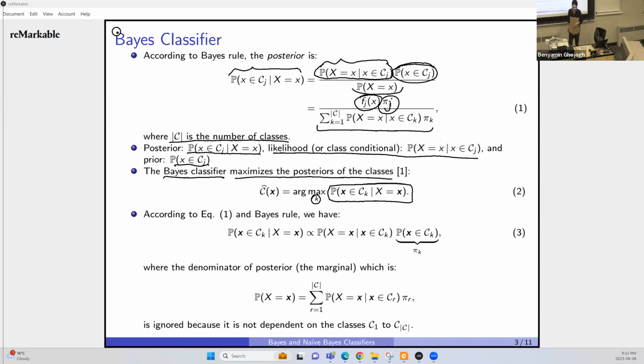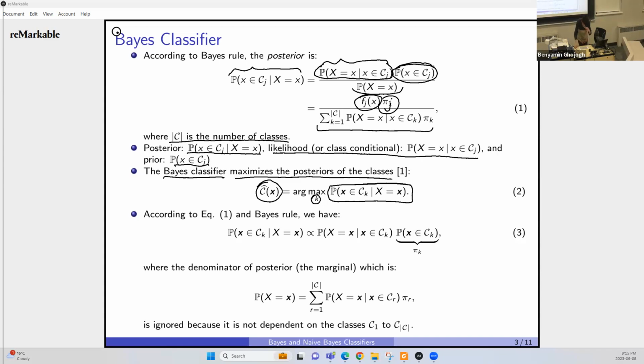Okay. And this is the estimated class label for X. So this is the test phase for the Bayes classifier. Assume you have the posteriors, you see which class has the larger posterior. That's the estimated class for X. Okay.